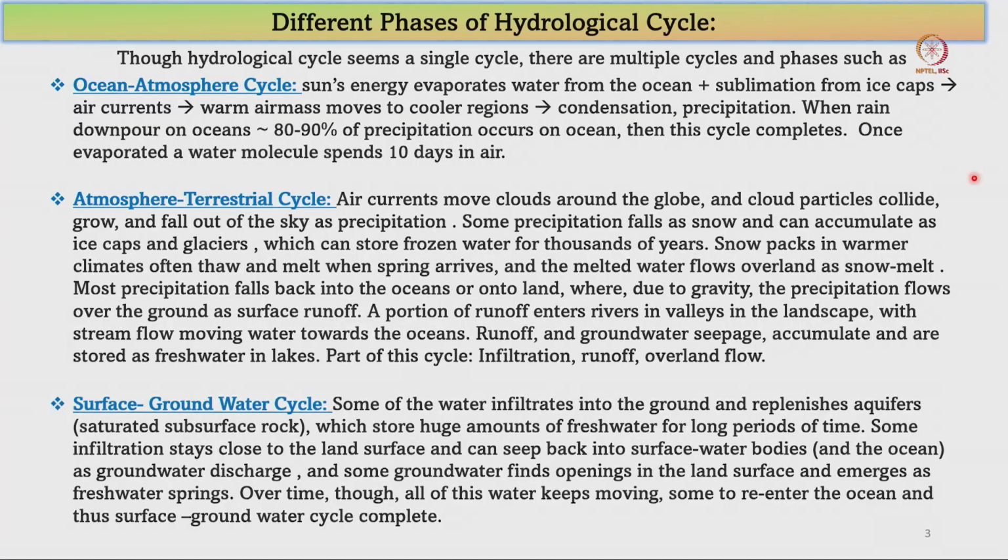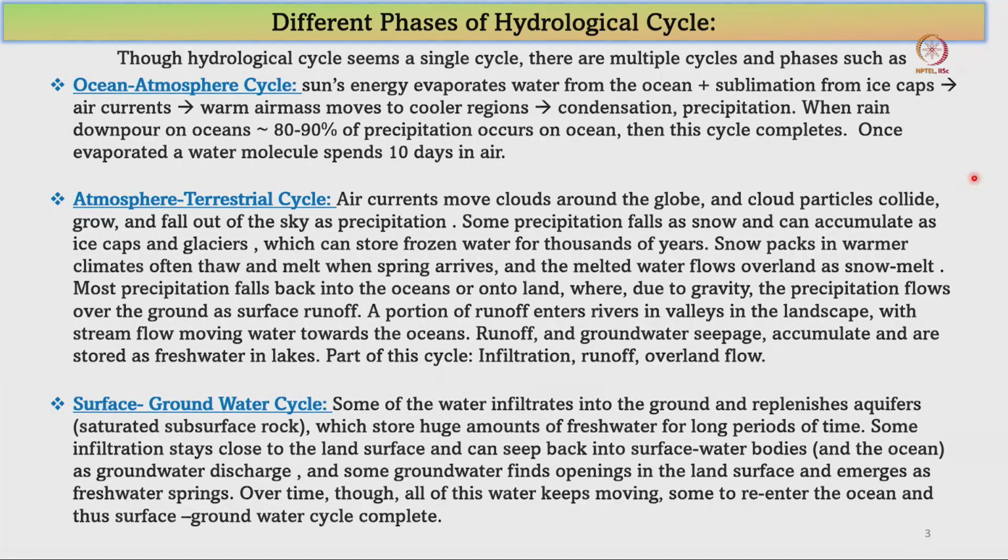This is one of the largest contributions: because the land gets heated much more, a lot of the water that falls on the landform gets evapotranspired and is released back into the atmosphere itself.